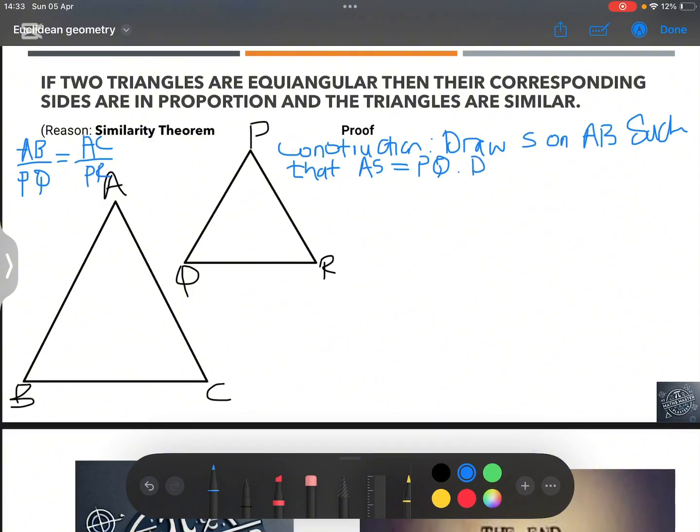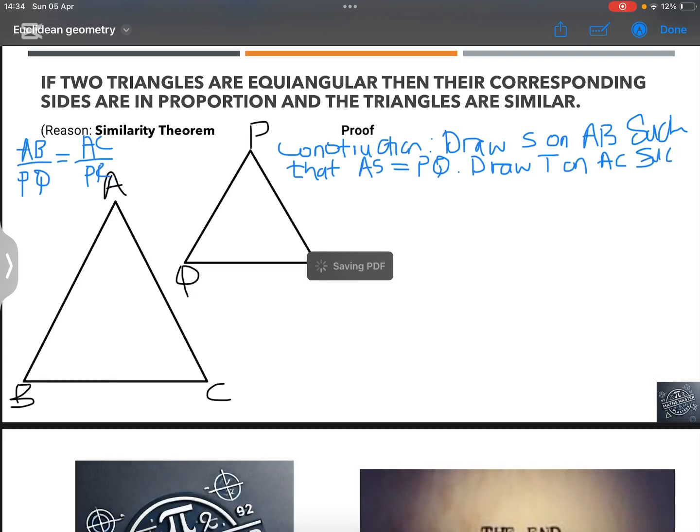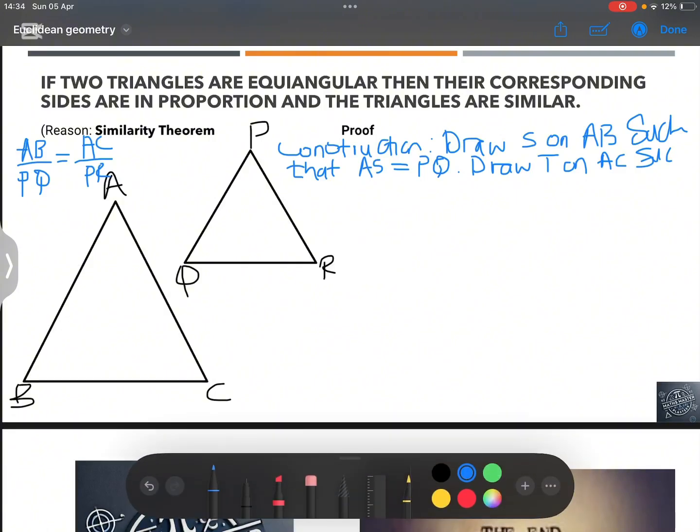And then draw a T on AC, very important, such that AT is equal to PR.